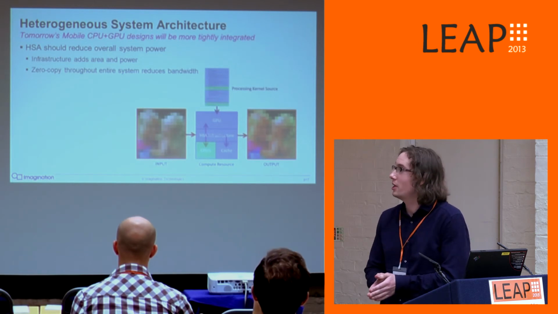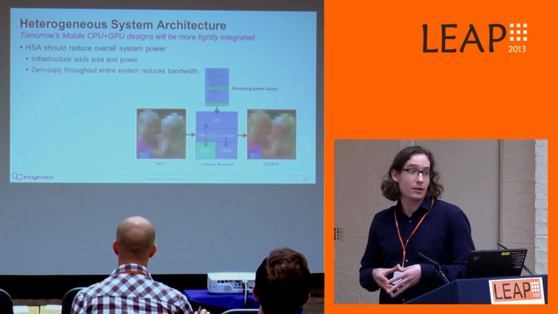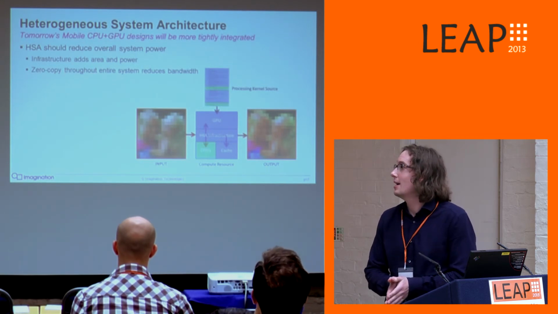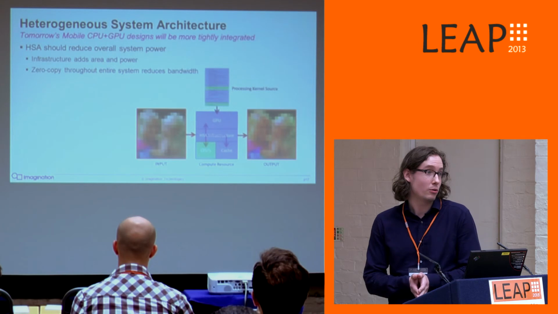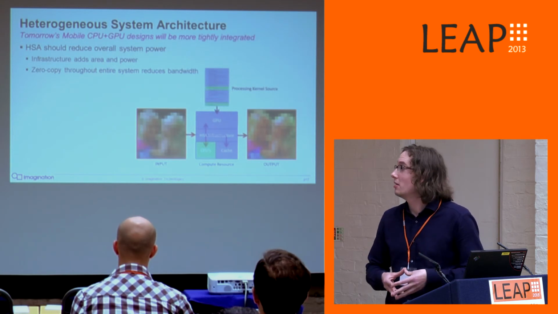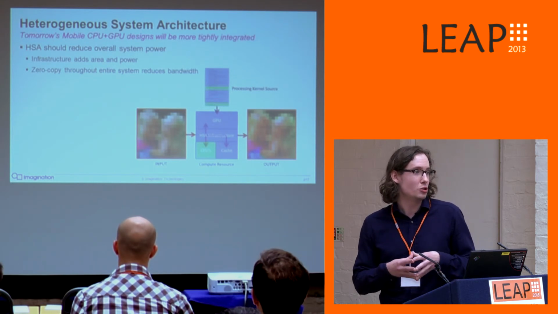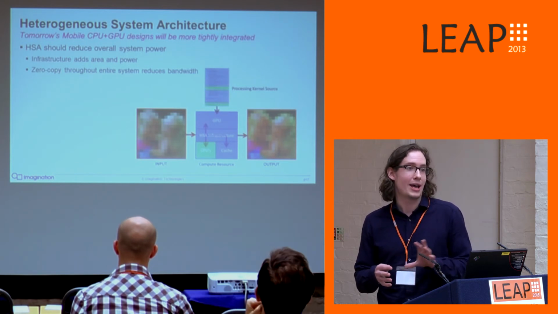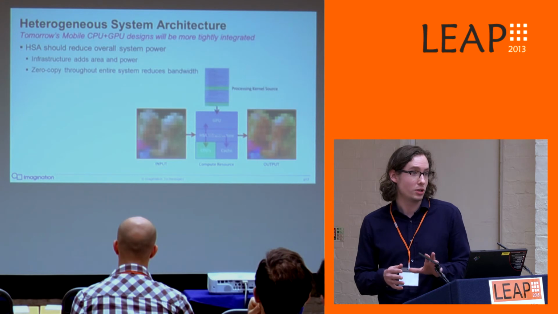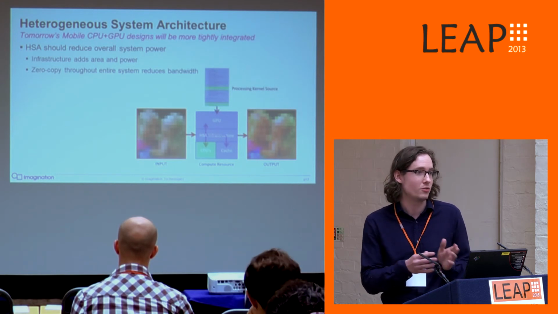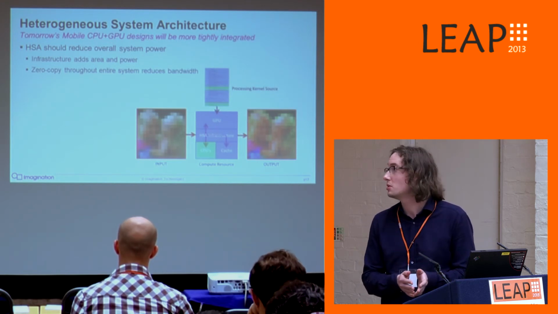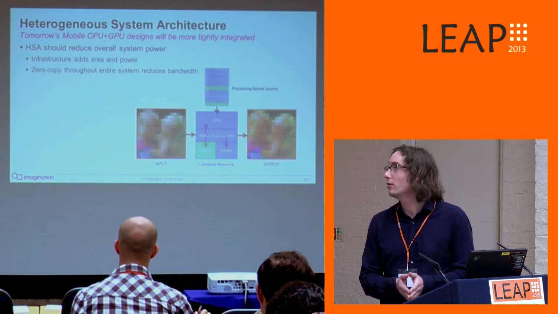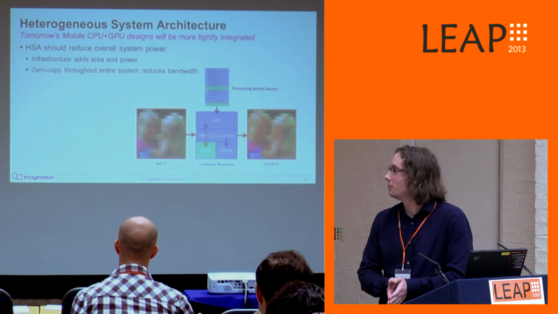One of the key benefits of HSA, whilst you may add more area and more power to deal with HSA infrastructure, is that at a system level, if you can reduce power, then you've won. And this zero copy, so the ability to process data from different processing elements without having to move it around, is important, and that's one of the issues today: you often have to make copies of data to move between different spaces. When you don't have to do that, potentially you're onto a win.